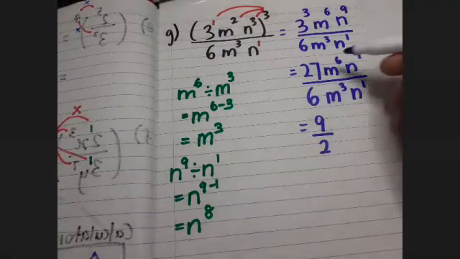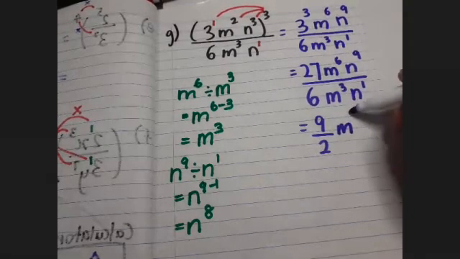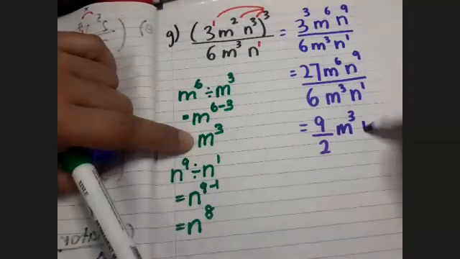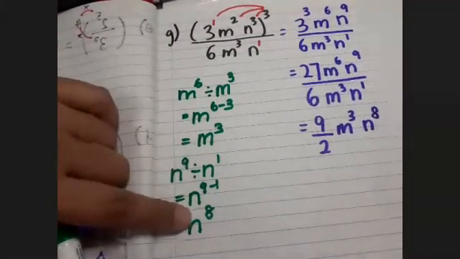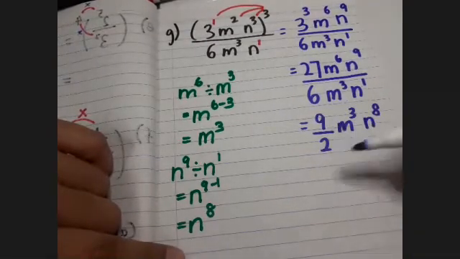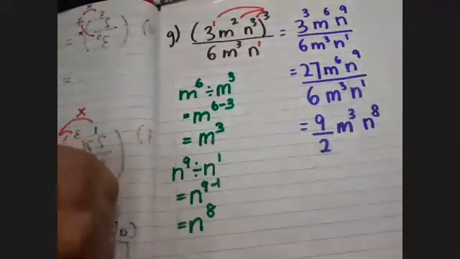And m, we write m power of 3 from here. And n power of 8. Okay, so 9 over 2, m power of 3, n power of 8. This is the final answer.